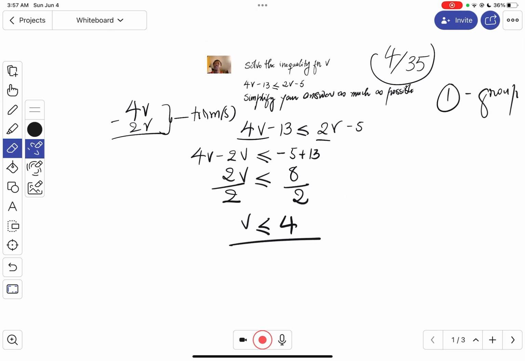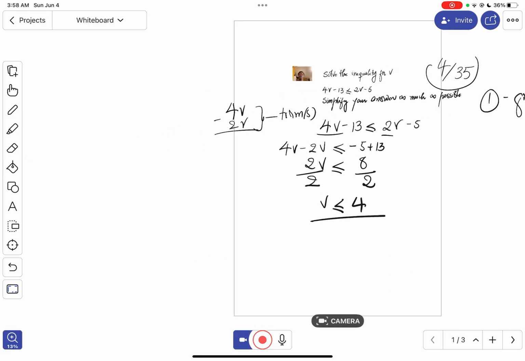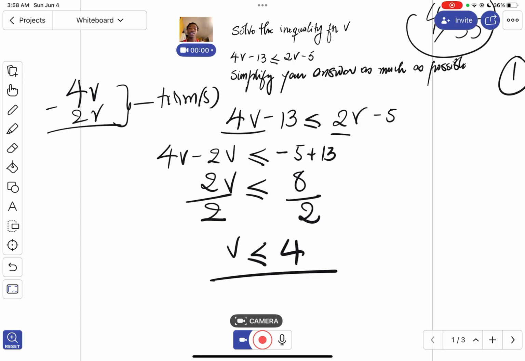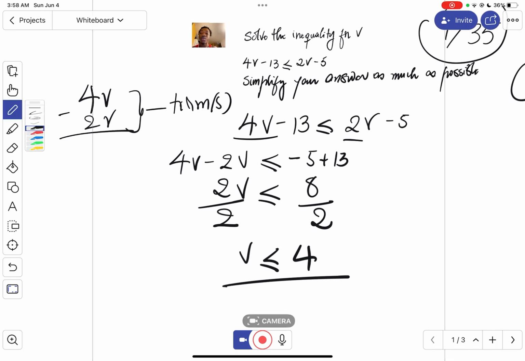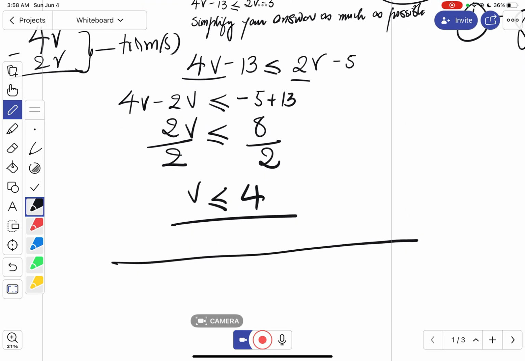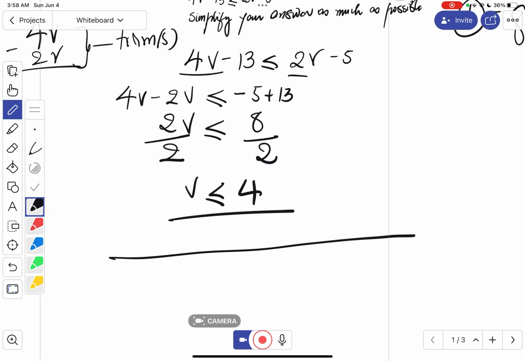I'm just going to graph it, even if they didn't ask me to, so that you guys are comfortable with graphing, because I do know the first test is pretty much all about graphing. If you want to graph that, it's pretty simple. You have your number line and 0.